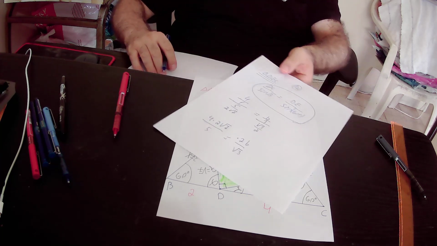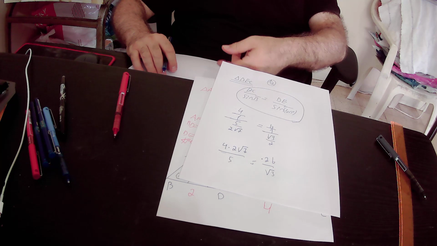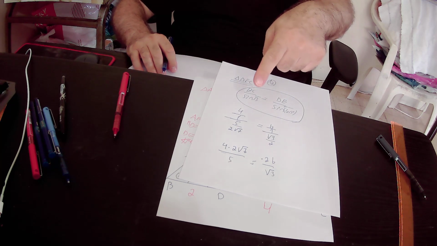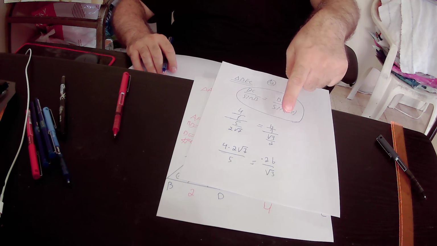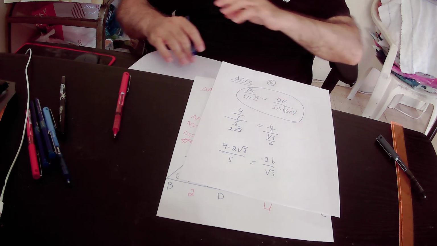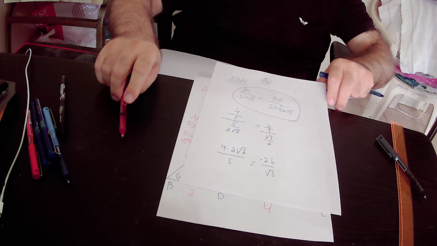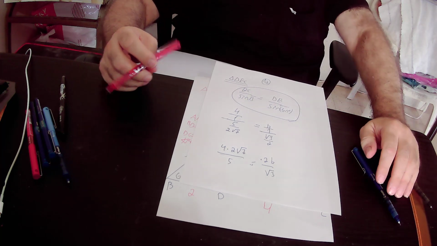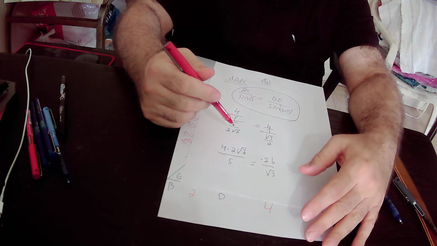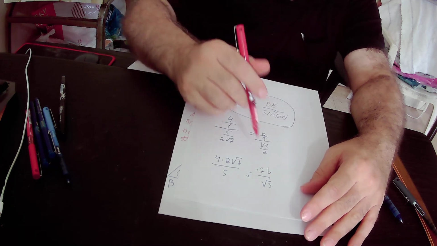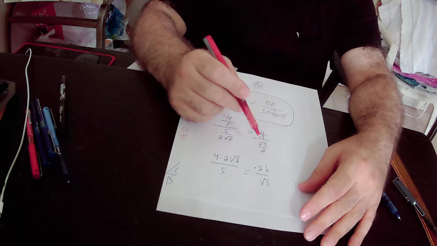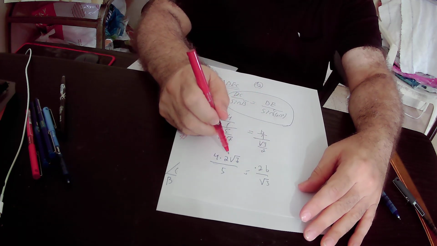We have 2 in the numerator on both sides, so we can cancel 2.